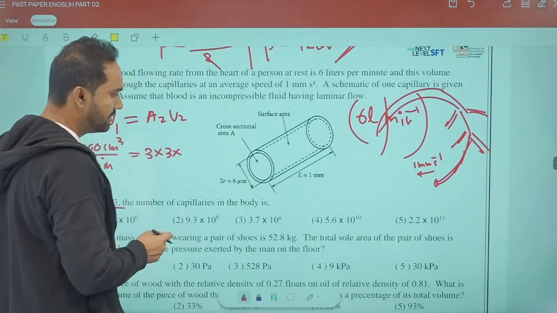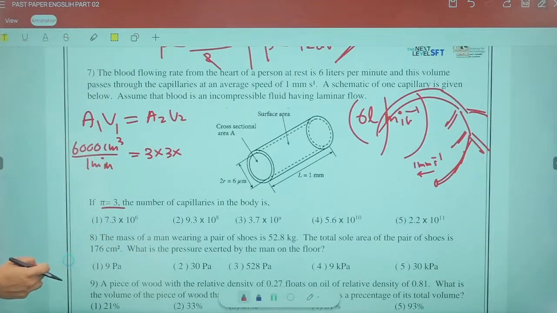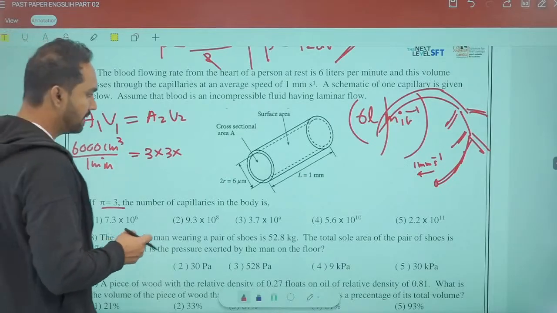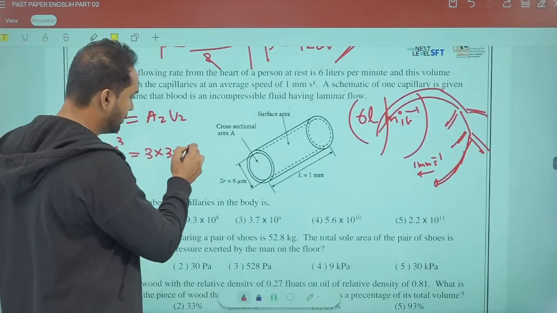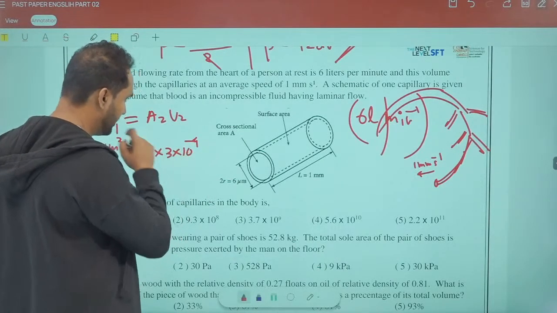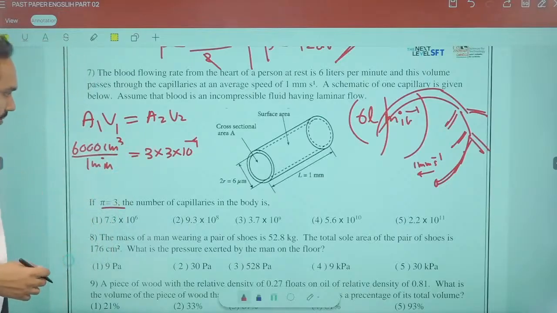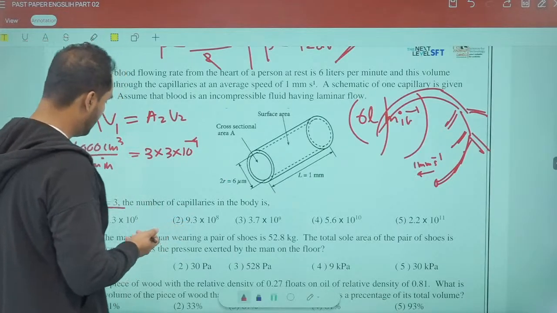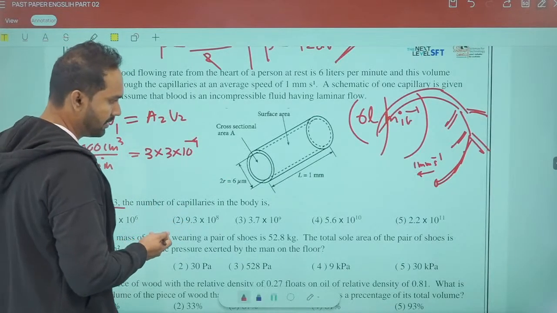If you convert meters into centimeters, you multiply by 100, so that will be 10 to the power minus 4. Now we are doing everything in centimeters.